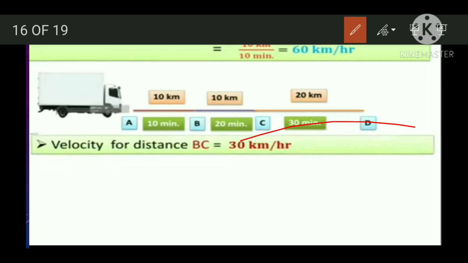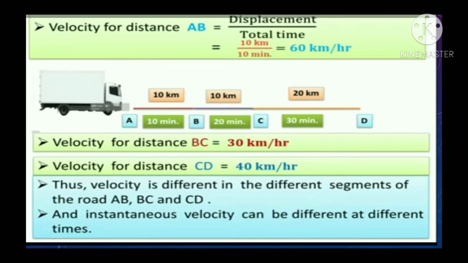Now, velocity for distance AB is equal to displacement upon total time. So 10 kilometers upon 10 minutes is equal to 60 kilometers per hour. We calculated velocity for distance BC as 30 kilometers per hour, and velocity for distance CD as 40 kilometers per hour.